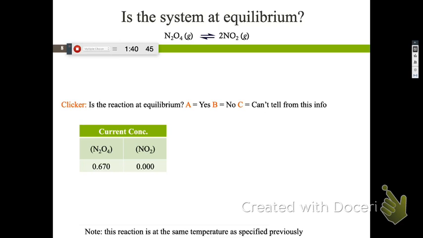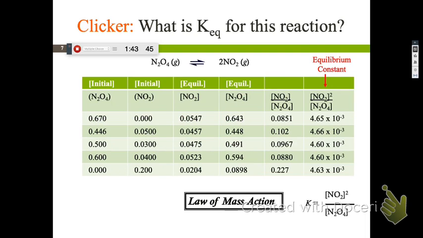This is the reaction that we just had on this page. What is our equilibrium constant for this? 4.66 times 10 to the negative third. Does that lie to the left, to the right, or in the middle? It's less than 1. So maybe the minimum is over there.